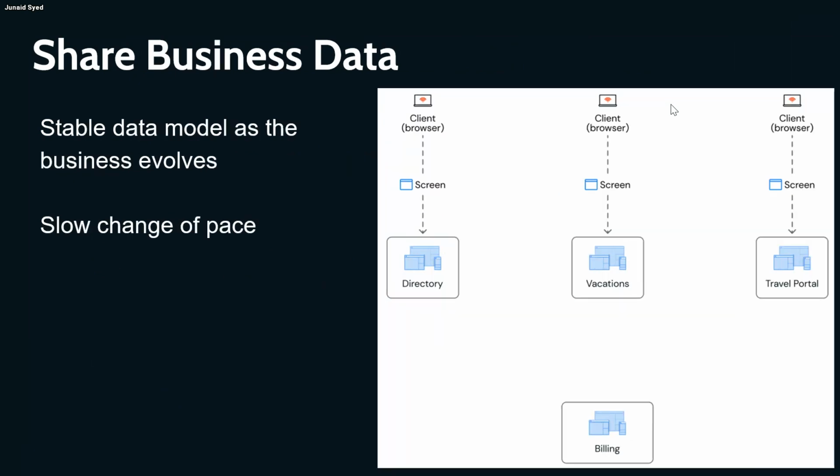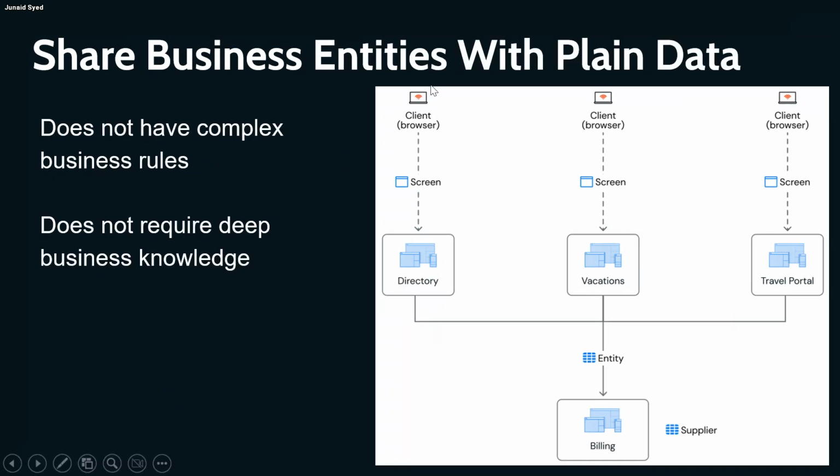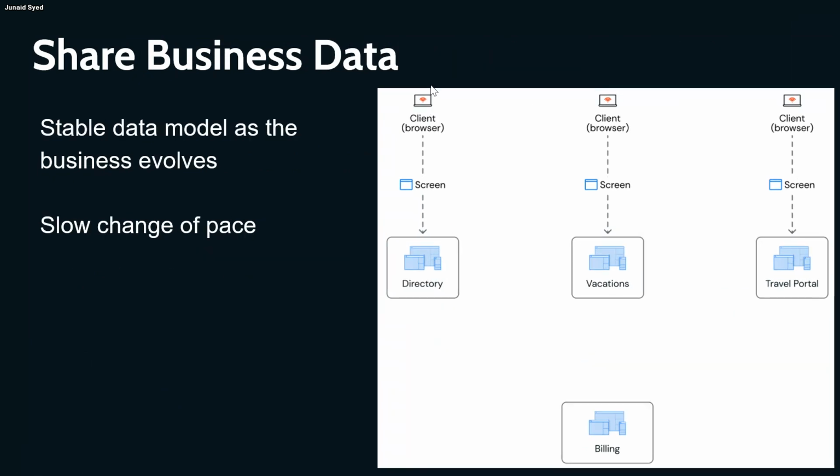Now, next comes the sharing of business data. There is a directory application, a vacation application, and a travel portal application, and they want to consume some information from the billing application. The important point to note here is that we have a stable data model. Although billing data is business data, it's kind of stable information. Let's say the billing frequency is monthly.